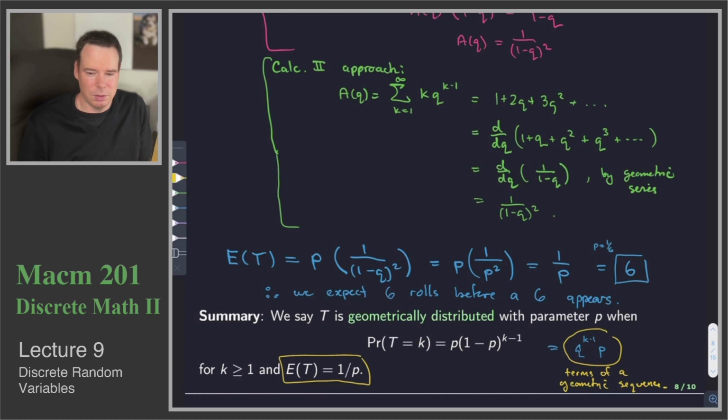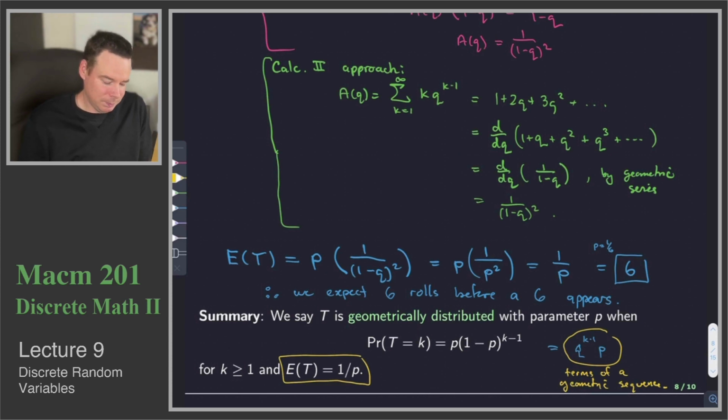In this case, that constant is q. Or in other words, to get the next term in the sequence, you just multiply the previous one by q, and you keep going. Previous one times q, previous one times q, and you keep generating the next terms in the sequence. That's what a geometric sequence is. And so in this case, the probability distribution forms a geometric sequence, so we call the probability distribution a geometric distribution, or we say that t is geometrically distributed.